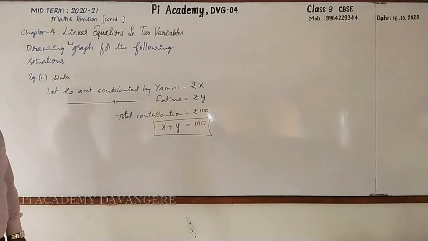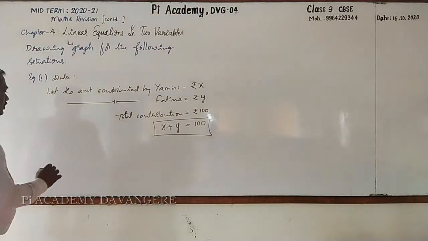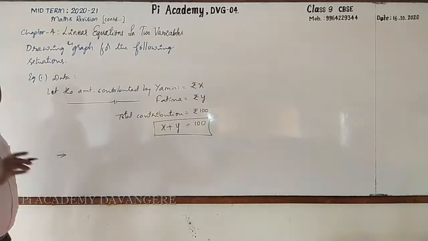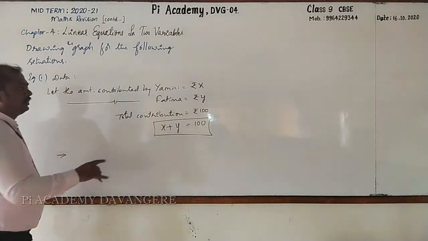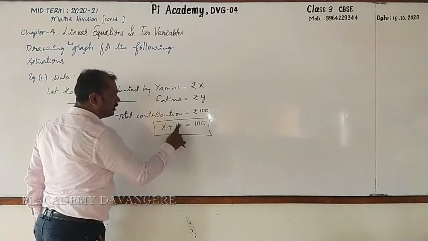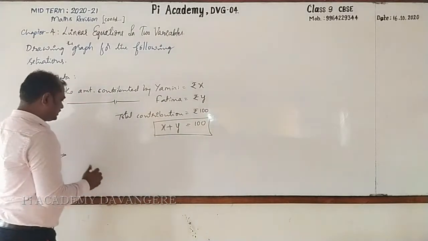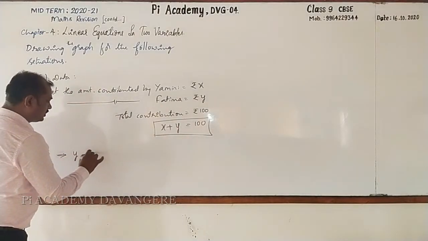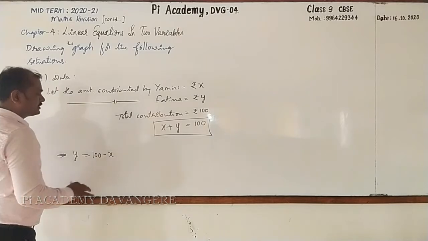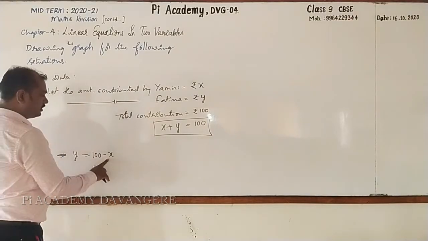For this equation we have to draw the graph. To draw the graph, what is the first step to be followed? Very good. We should write Y in terms of X. So Y is equal to 100 minus X. Got it?